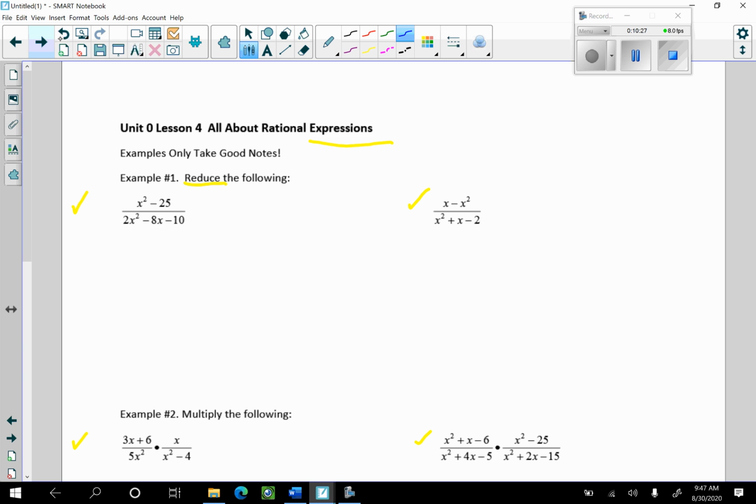Reducing the following. Well, what are we going to need to do? If we're going to reduce, we need to factor. We need to factor and cancel like factors. And if you recall, lesson 3 was all about factoring. The top is going to be easy to factor. It's a difference of squares.